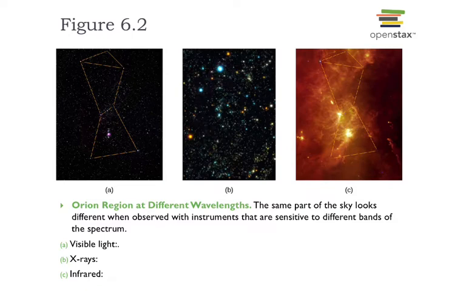And in infrared, we can also see the gases around there in the Orion nebula. So looking at it through different wavelengths, we're able to detect more.